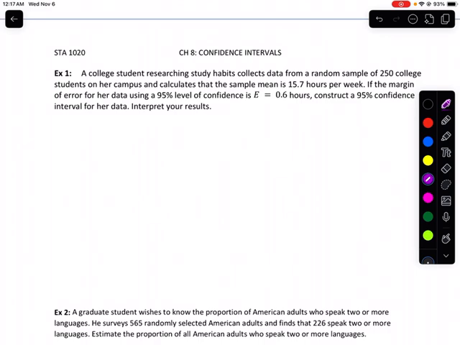If the margin of error for her data using a 95% level of confidence is E, which is equal to 0.6 hours, construct a 95% confidence interval for her data and then interpret your results. So, now we are given that n is 250.